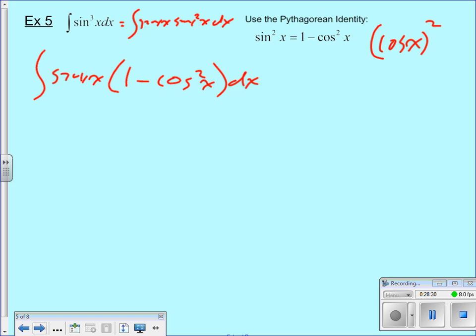So you get 2. Reduce the power by 1. So you get 2 cosine x times the derivative of cosine x, which is negative sine x. So you get negative 2 cosine x sine x. I don't have that anywhere near there. Do not multiply it out.